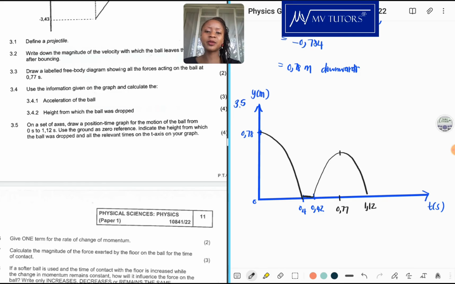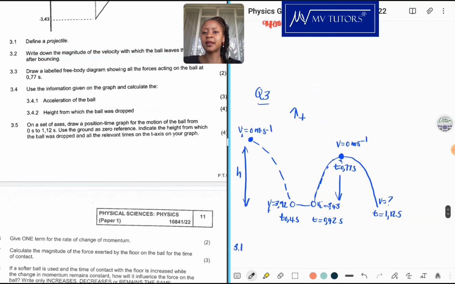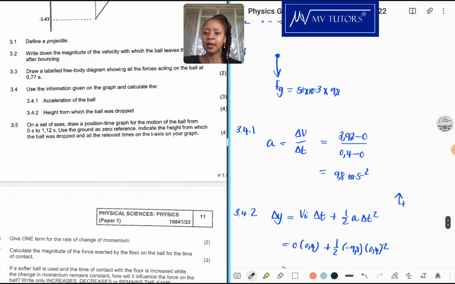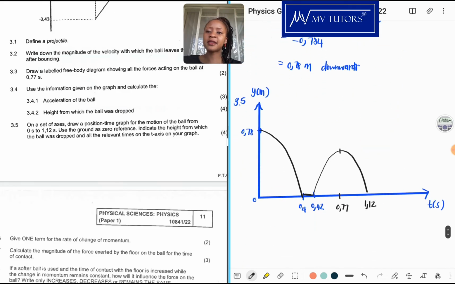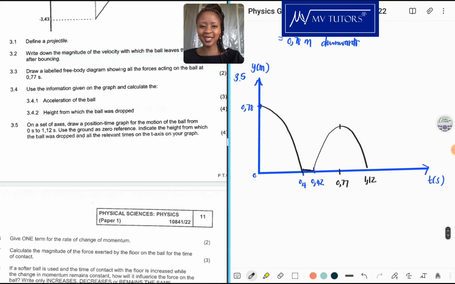But if you have time, you can calculate what this value is. Okay, let me just see if we have everything. Yeah, we do. But if you wanted to get this value over here, you could calculate it. I'm going to pause and calculate it quickly because it's not really required, but for 4 marks, if I have time, I would record it.